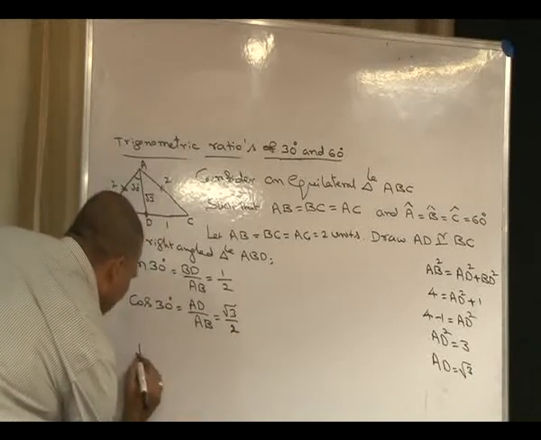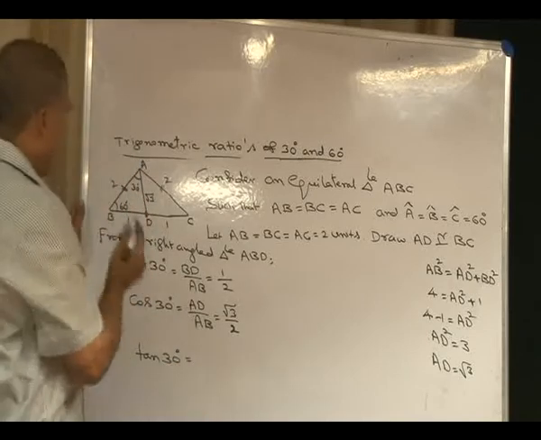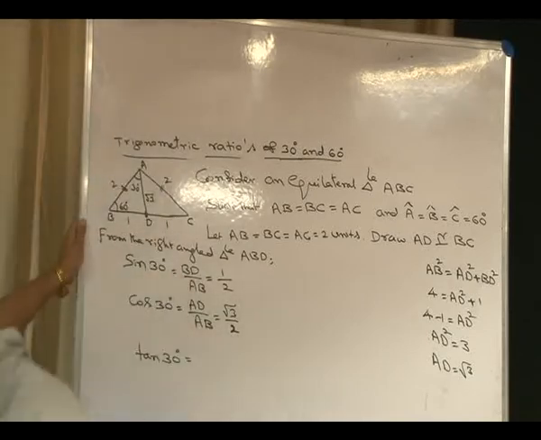Next, tan 30 degrees. Tan is opposite side by adjacent side.